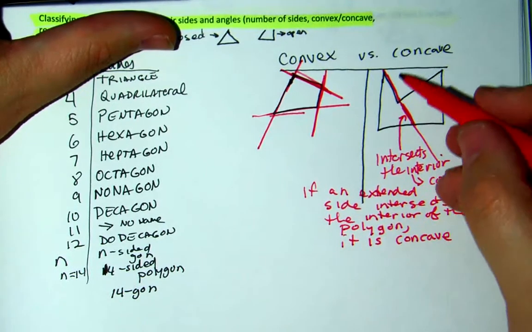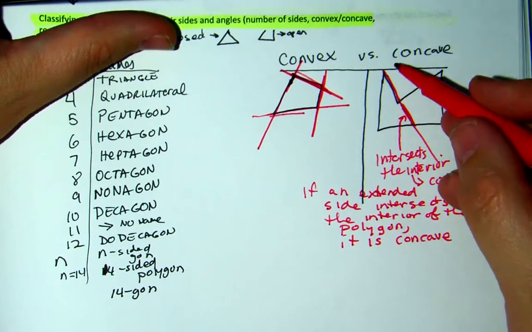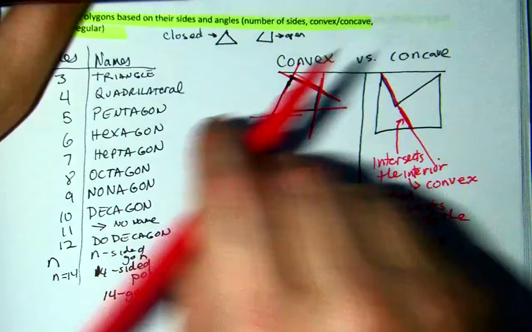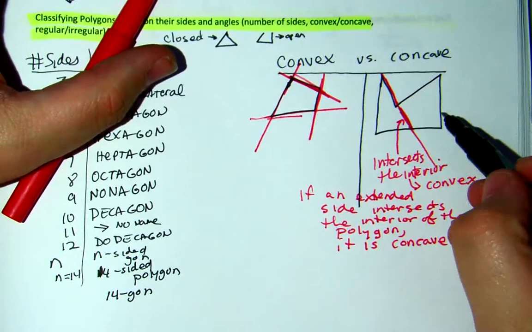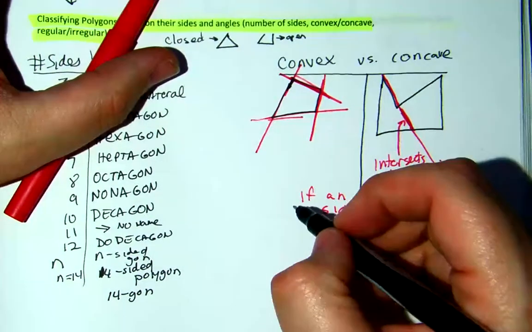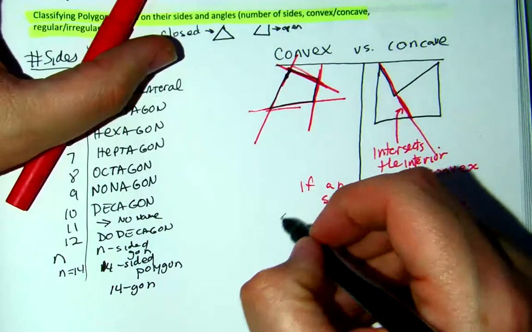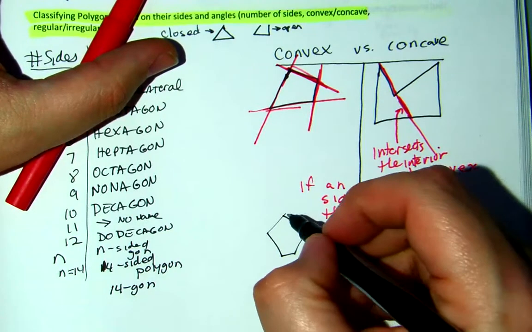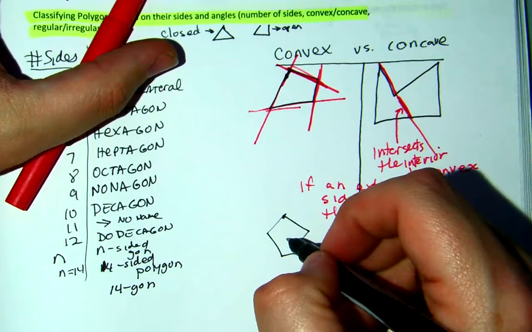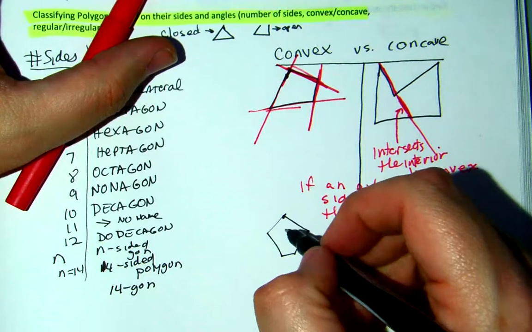And you can kind of think of, there's a cave in here. Normally, a pentagon, since we have 1, 2, 3, 4, 5, normally a pentagon will kind of look like this. But this part, bam, came down to here.